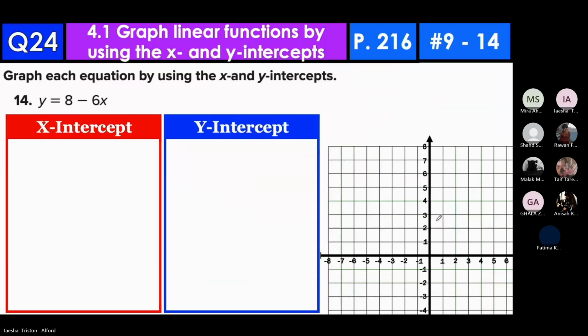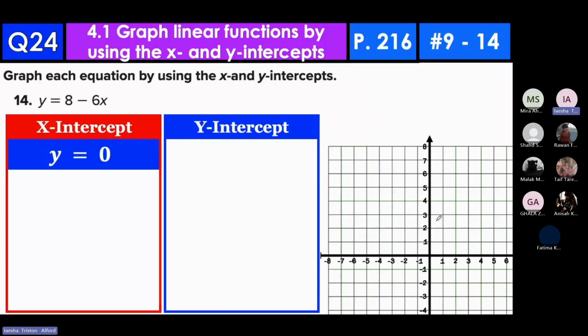Last one. For the x-intercept, y should be equal to 0. Copy the equation. You are not writing y, put 0. Then solve. Negative 8 both sides.